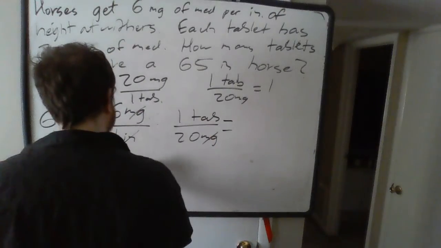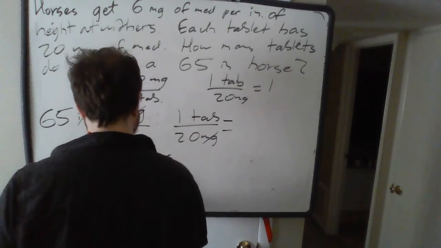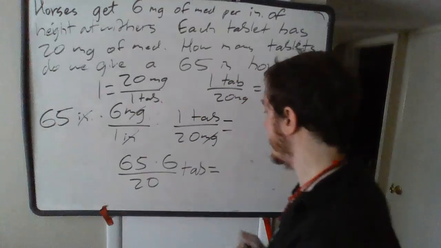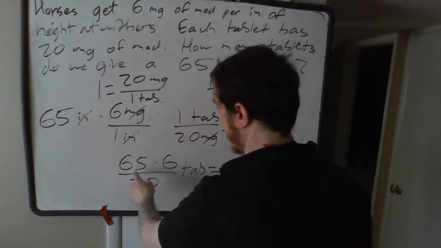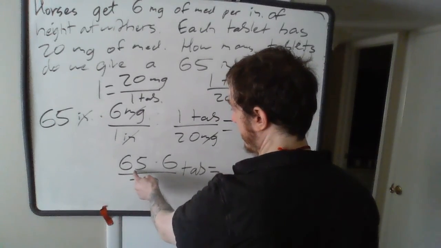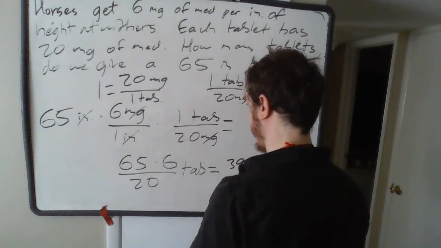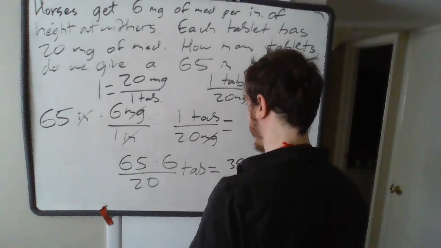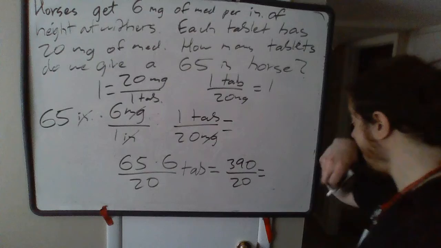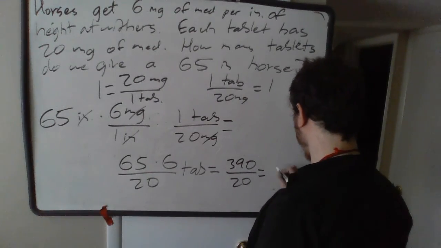So we get 65 times 6 divided by 20 tablets. And what is that going to be? So this is 390 over 20. And that is going to come out to be 39 over 2.